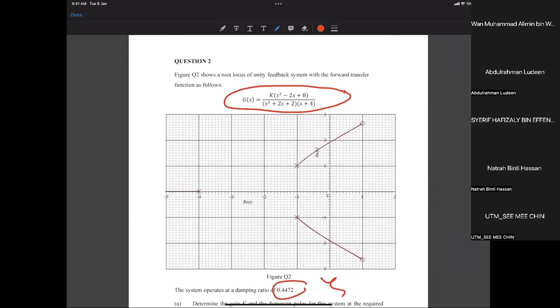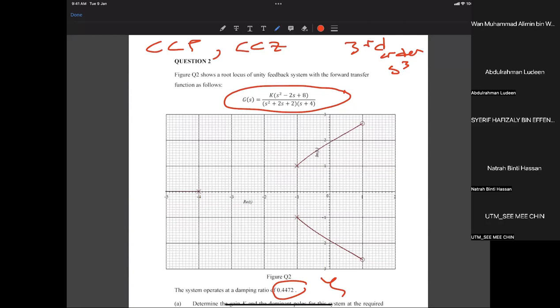Okay. So the plot is given here. It is a third order system, because s cubic. And we have complex conjugate poles, complex conjugate zeros as well.